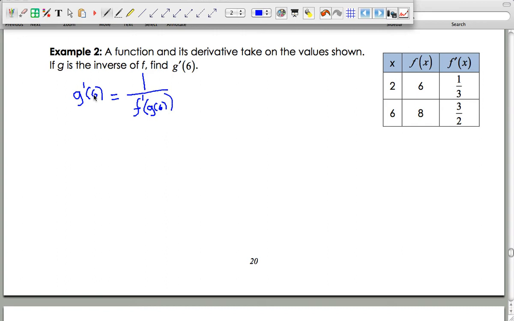Notice that this is x, this is x. This is the derivative of the inverse function, this is the inverse function.